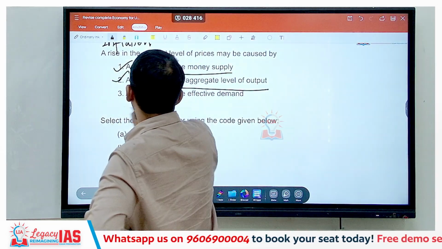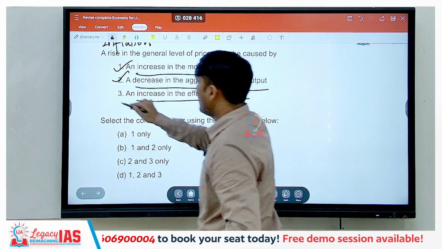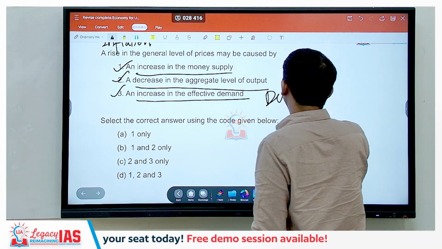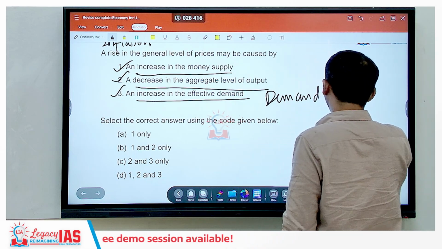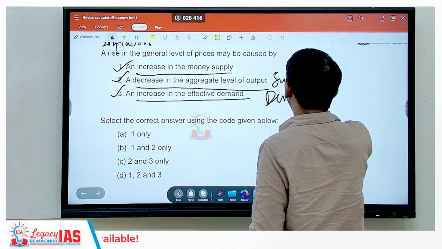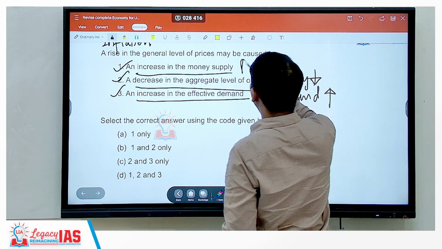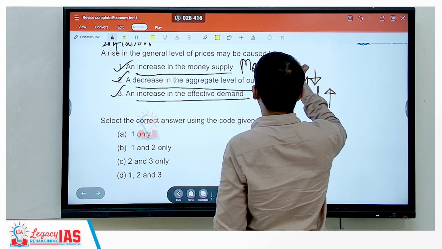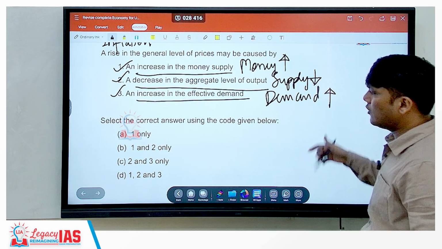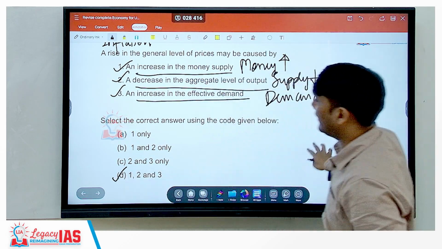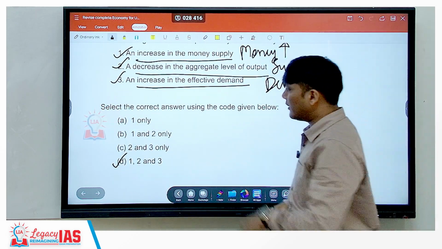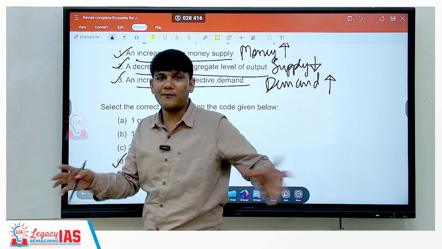An increase in the effective demand, yes. So if the demand increases, inflation will be there. If the supply comes down, then also inflation will be there. If the amount of money increases, then also inflation will be there. So all three are correct, right? So this completes the questions of inflation also.